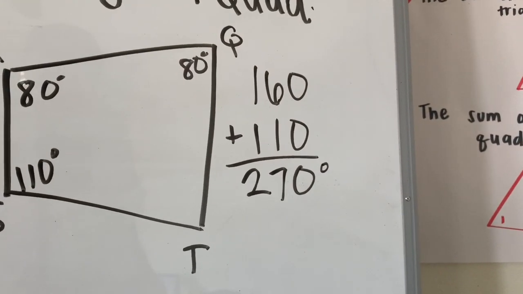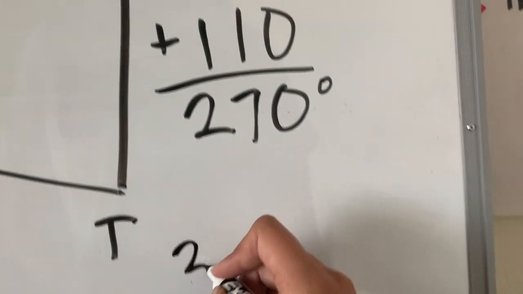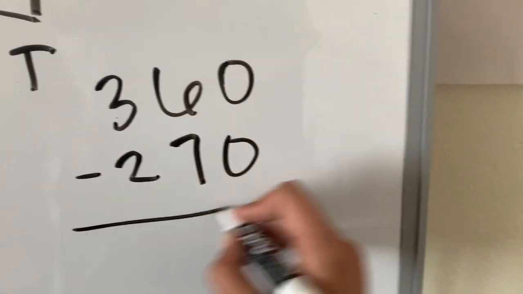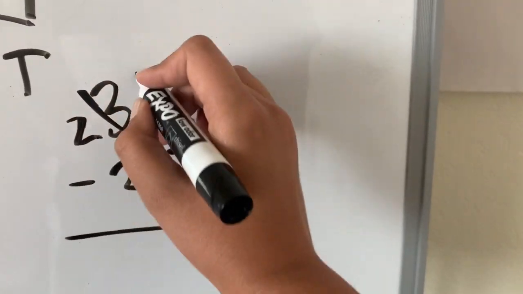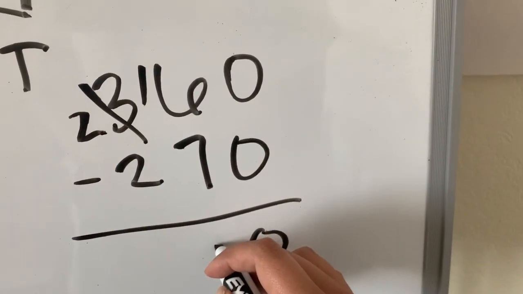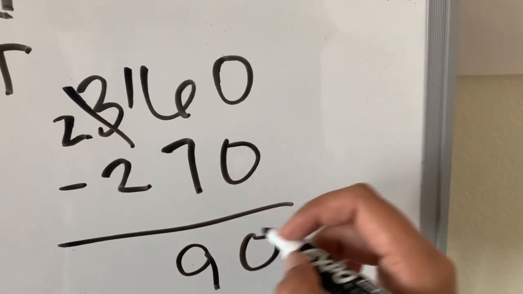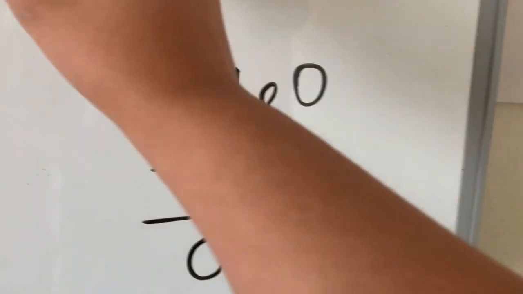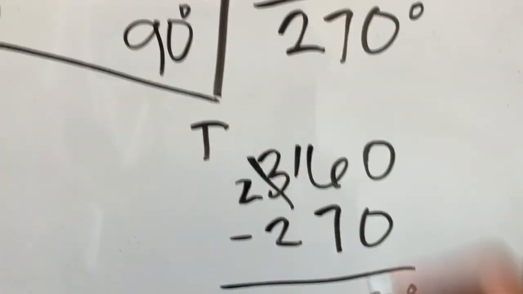So now I need to do 360 minus 270 to find my missing angle. And I know that this last angle is going to be 90 degrees.